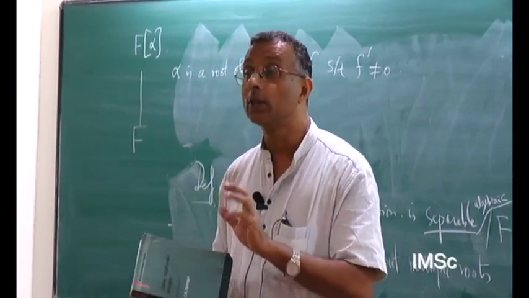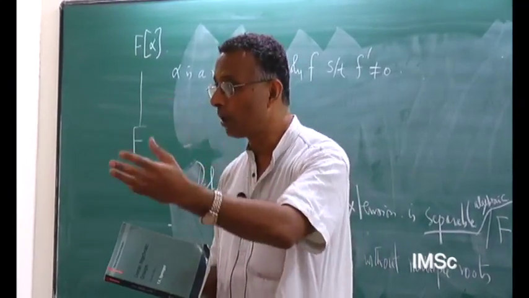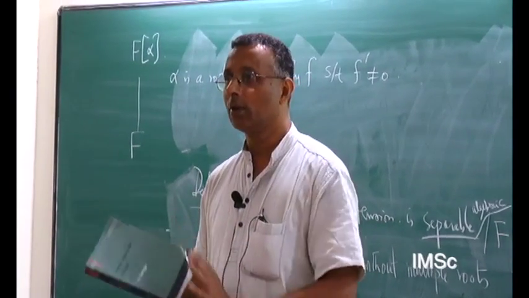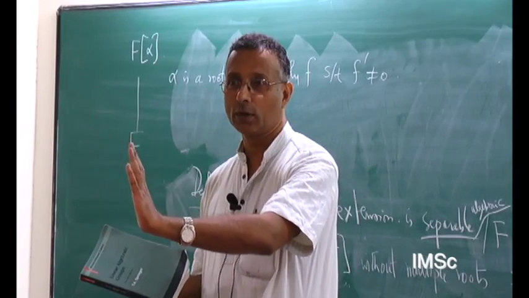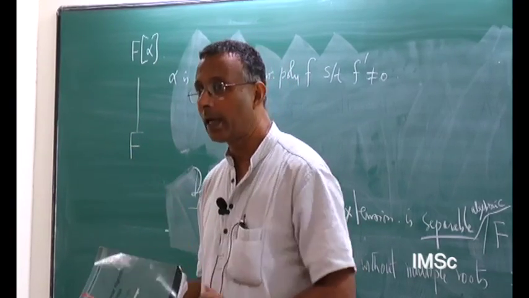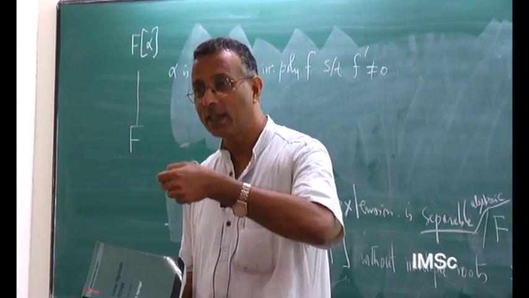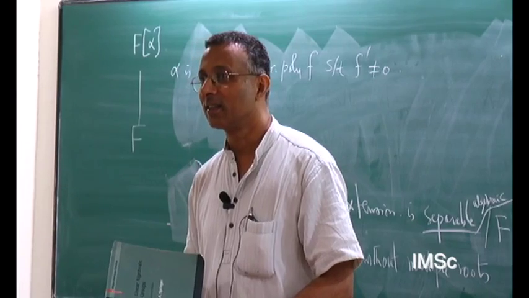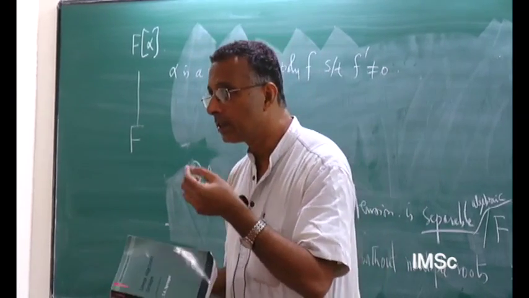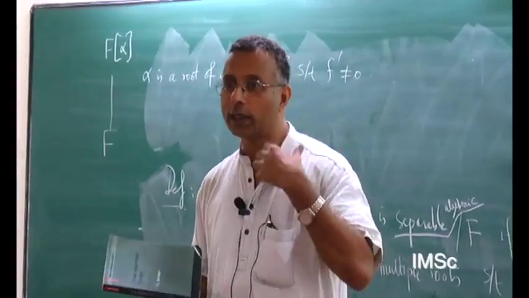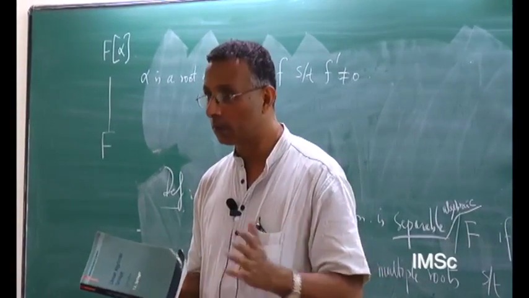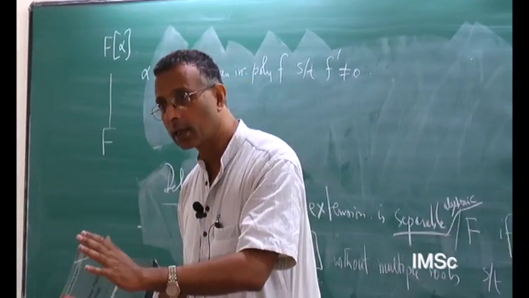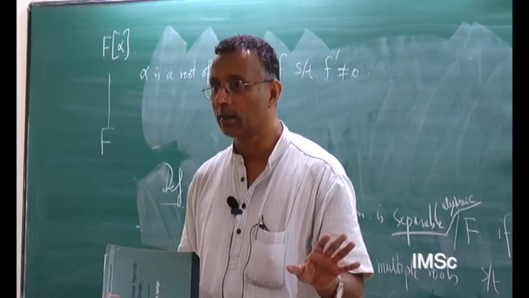So, if you were not told about finite dimensional vector spaces, etc., if I just told you, take a field, adjoin a root, and then show me that everything else also satisfies a polynomial, how would you do it? It's something we are told, so it's so ingrained in us now that we don't stop to think about it. But this finiteness is an extra construct which is not there in the definition.